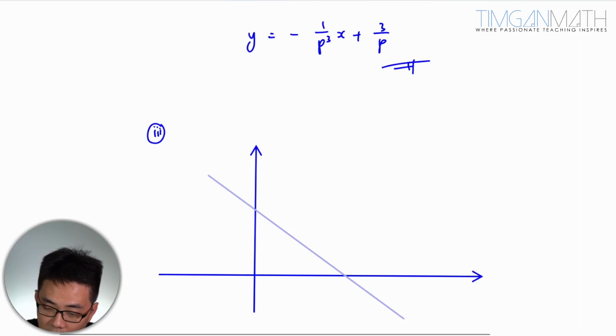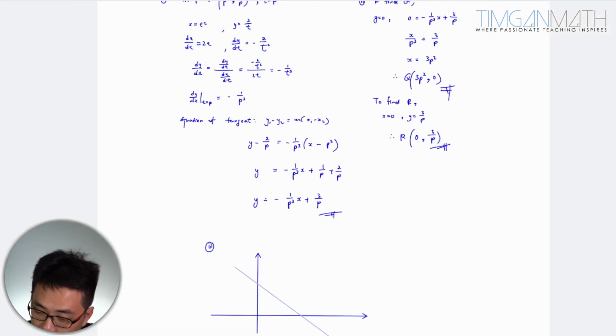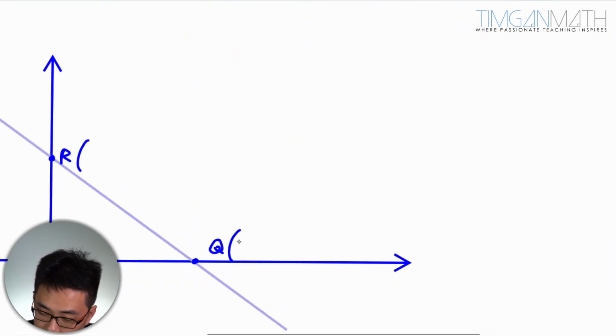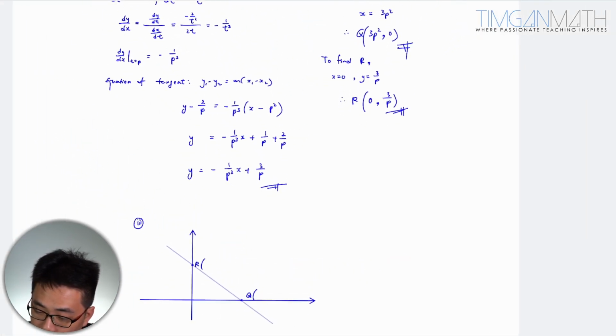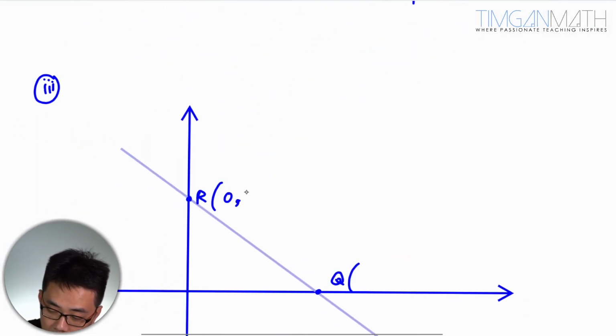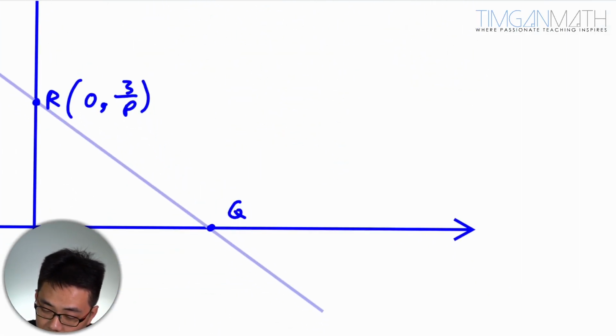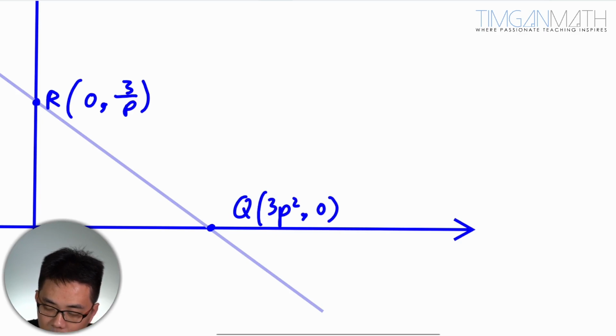With different p, R is actually (0, 3 over p), and Q would just be (3p squared, 0).